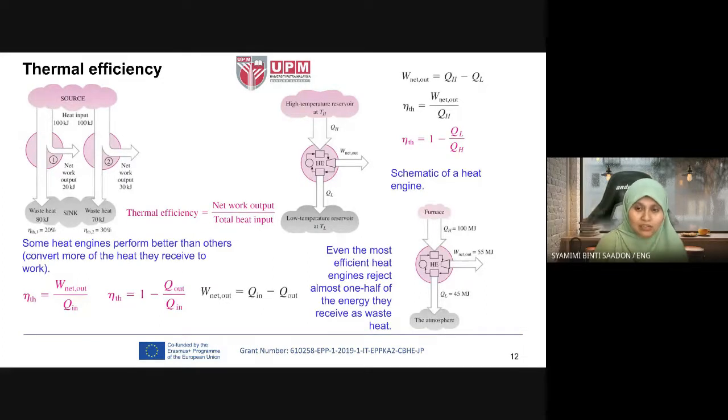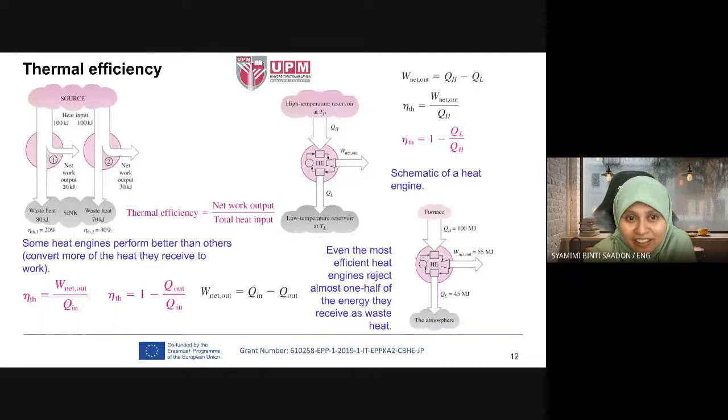There are a few methods. Some methods reuse this waste heat, but we have to combine it with another thermodynamic cycle, so it is like a combined cycle. This waste heat will be the source of heat for another cycle.